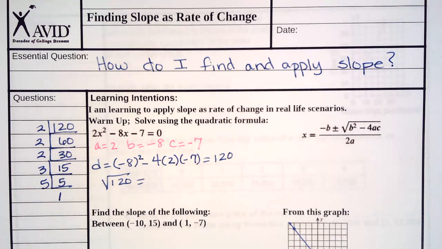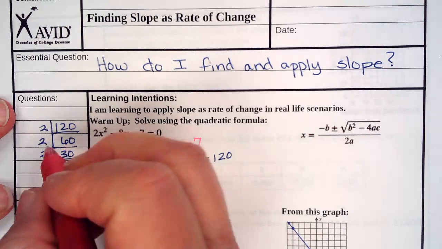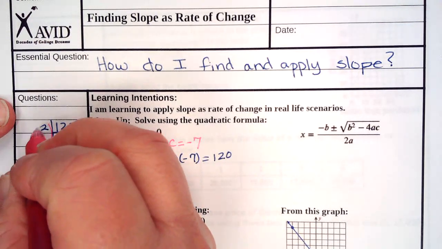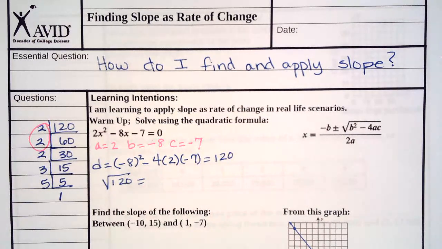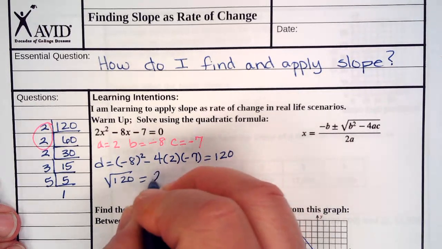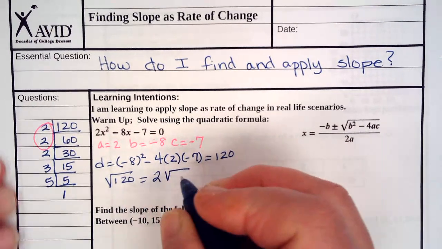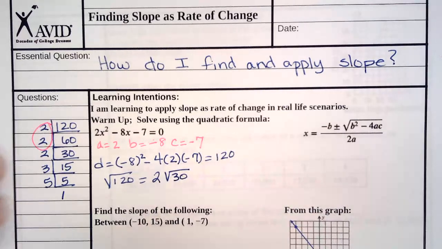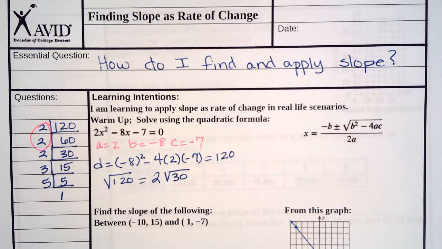Now, square root means we're taking 2 of a kind. If you notice, we only have a pair of 2's. So this is equal to 2 square root of 30. And that would be positive or negative. So let's finish it up.